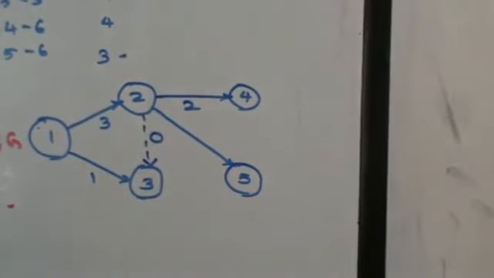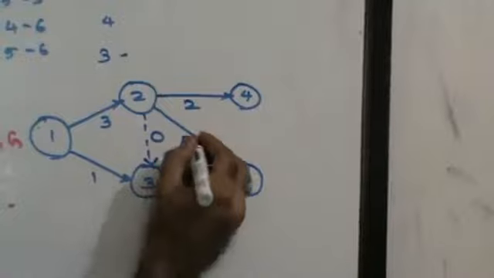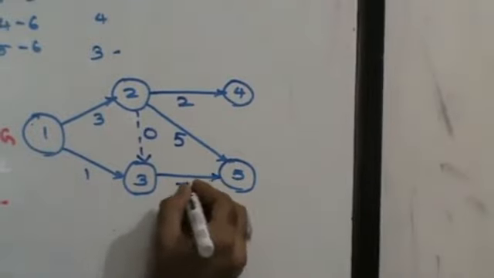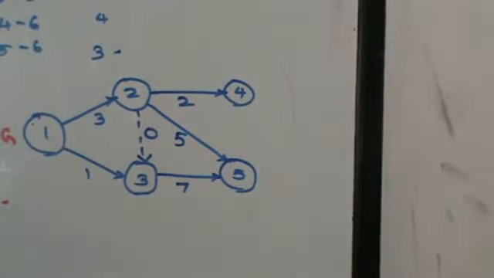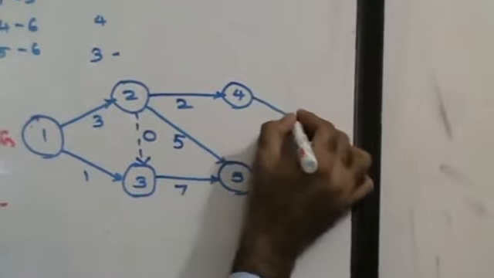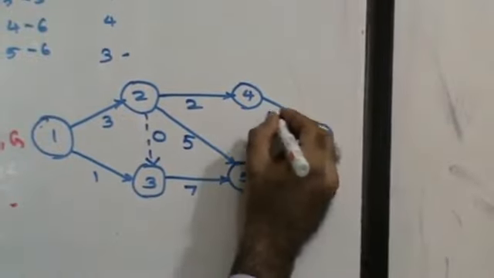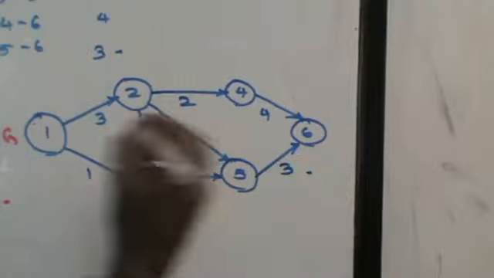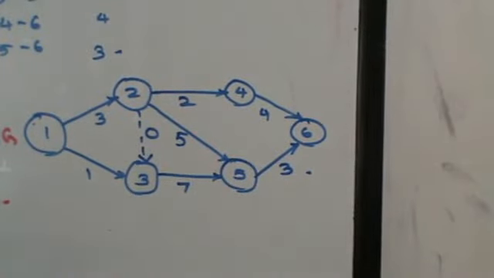From 2 I have 5, which is of 5 days. From 3 I have 5, which is of 7 days. From 4 you have 6, which is of 4 days, and from 5 you have 6, which is of 3 days. So that will be my network diagram.